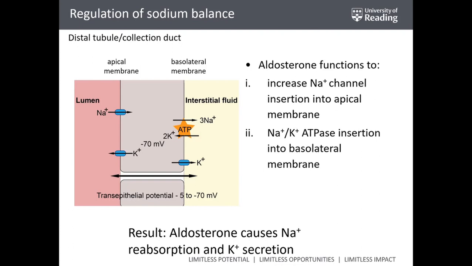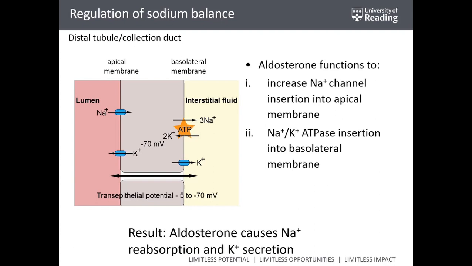So in presence of aldosterone, which increases the reabsorption of sodium, as sodium moves from the lumen to the interstitial fluid, driven by the increased sodium-potassium ATPase pump on the basolateral membrane and increased passive sodium channels on the apical membrane, we will have the accumulation of positive charges in the interstitial fluid, pushing potassium to move back into the lumen.